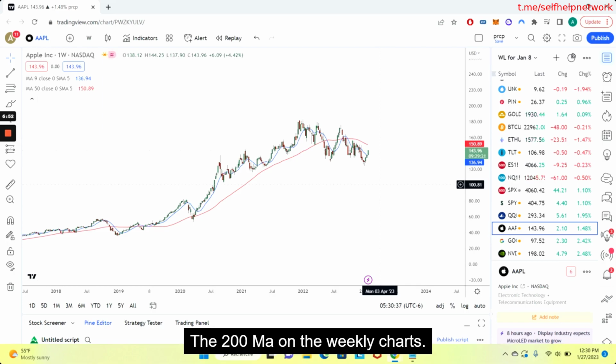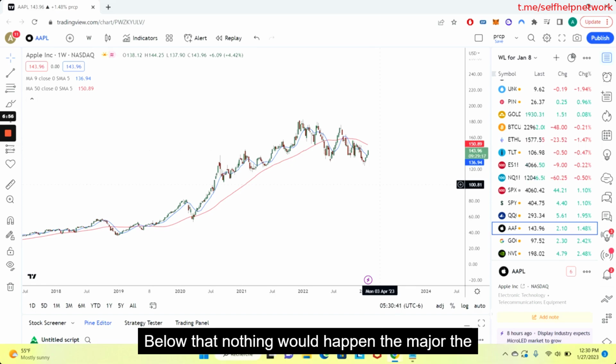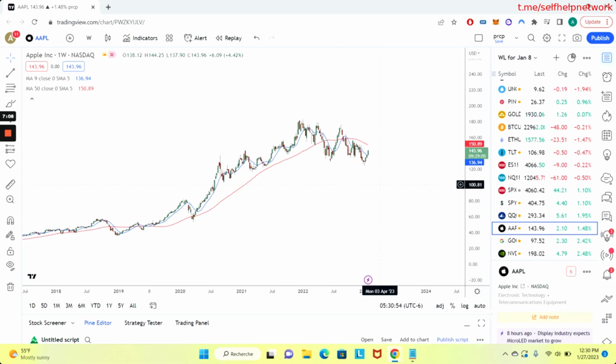Below the 200 MA on the weekly charts, nothing good happens. The big crashes like the ones we saw in 2008 and the tech bubble, the major sell-offs, happen below the 200-week moving average.